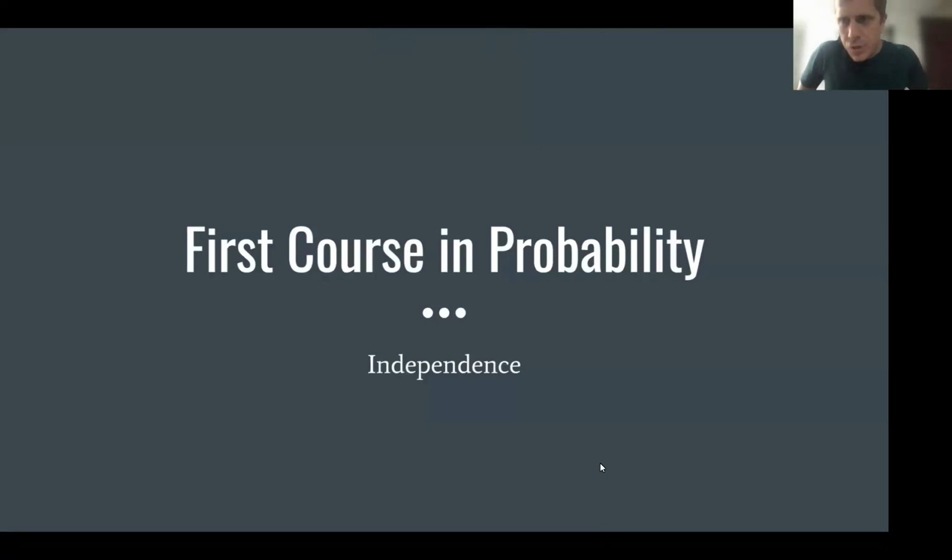Okay, joint distributions. Joint random variables tell us how more than one random variable relates to one another. And one particular kind of relationship between random variables, a common one that we see, is the assumption or the relationship of independence.